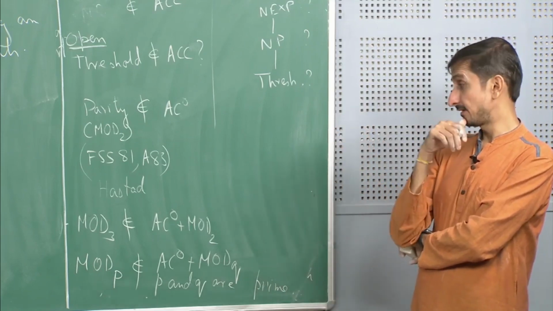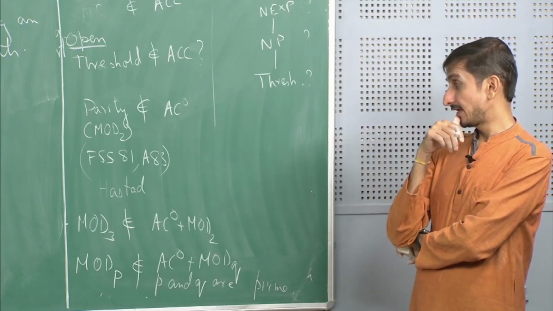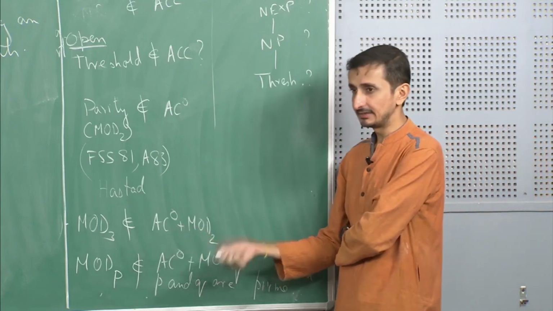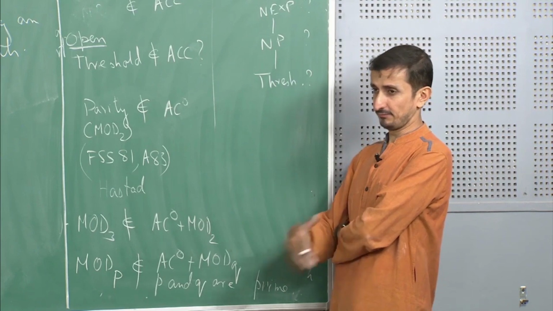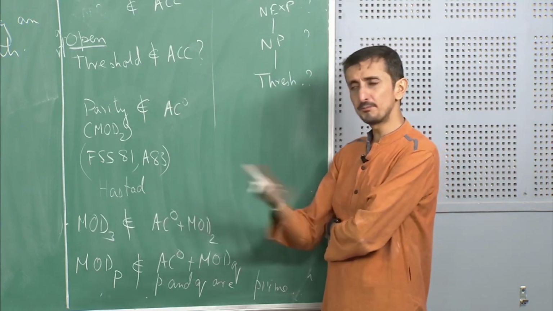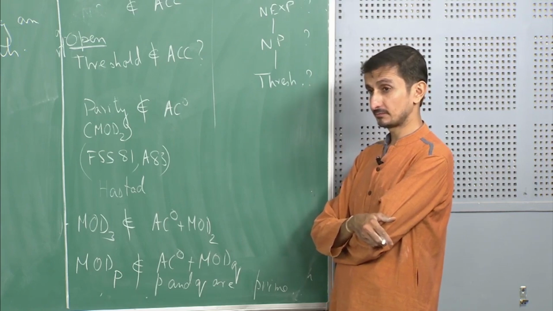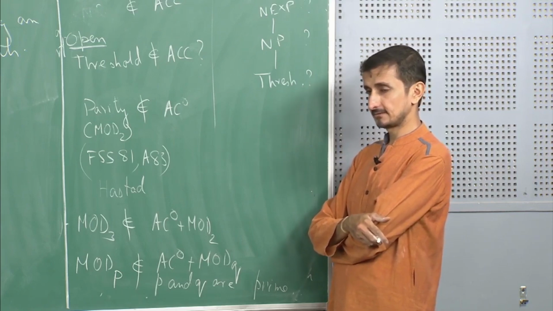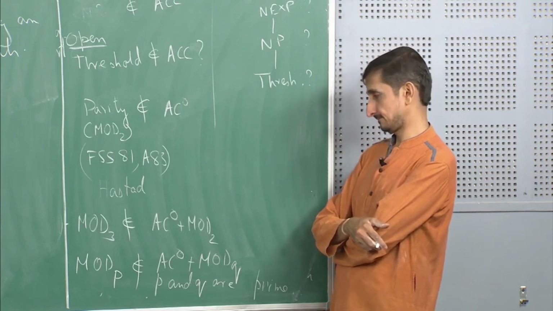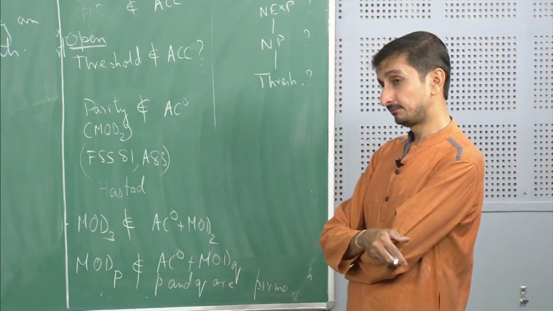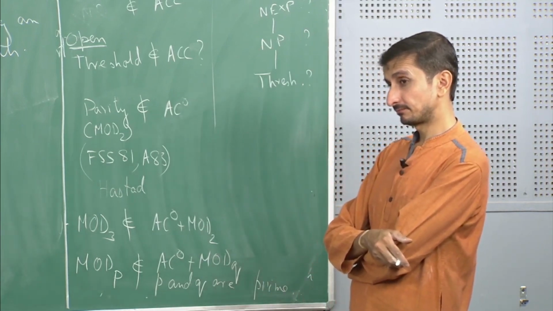Sir, you said that these results are for mod 3. Yeah, so this is for very specific things. If 3 and 2 are primes, then this is happening. But what if I allow mod 6? Then I can compute mod 3 very easily. So isn't there any extension to this result, like co-primes or something?